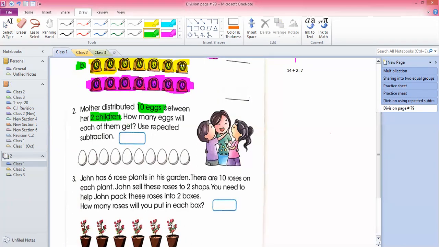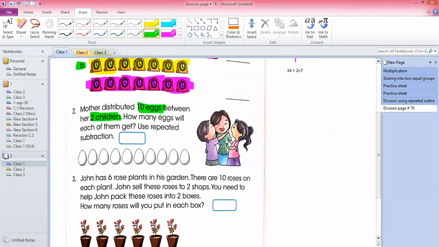How many total objects are there? How many total things are there? Like there are 10 eggs, and between how many people you are going to share them equally, or between how many students, how many kids, in how many groups you are going to share.